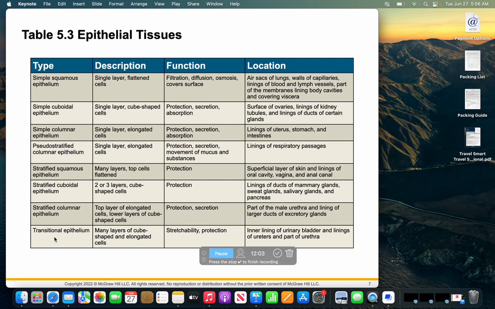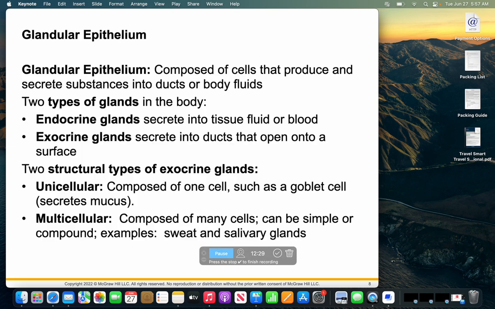And then we had some weird ones like the pseudostratified columnar epithelium, which looks stratified because the nuclei are at different levels, but really it's one layer of columnar epithelial tissue. And then transitional epithelial tissue has many layers, but it's stretchable. And so when the bladder expands, those tissues look thinner and elongated.